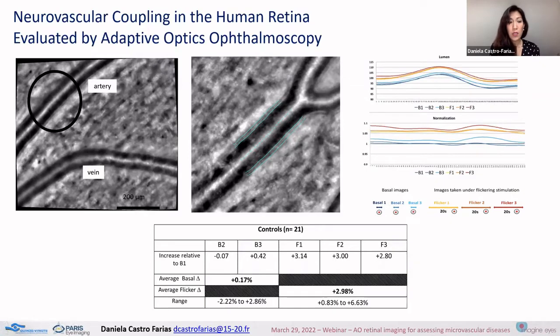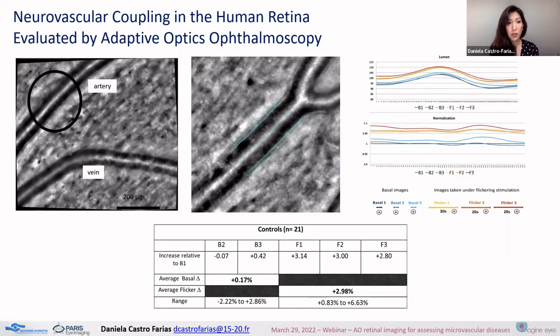So we thought that with the integrated flicker light in the RTX1 camera, we could stimulate the retina and see the difference between the basal images and the images under stimulation.